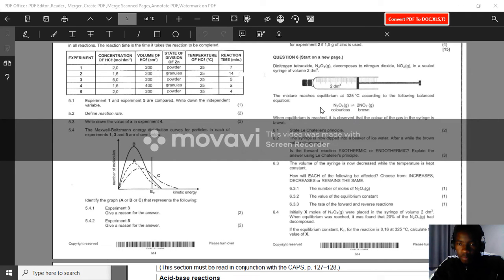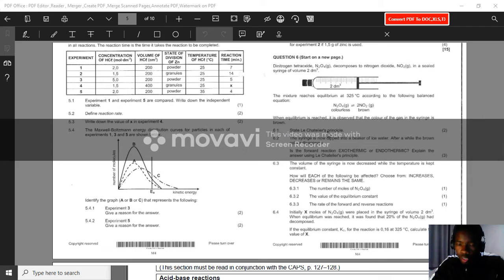So the color of the container that contains the reactants and the product will appear to be colorless when the reaction has not actually begun, but when the reaction is proceeding, the color of the container will gradually change to brown. So when equilibrium is reached, it is observed that the color of the gas in the syringe is brown.